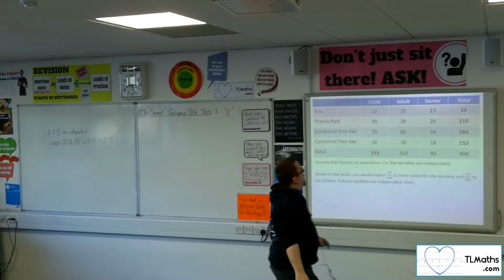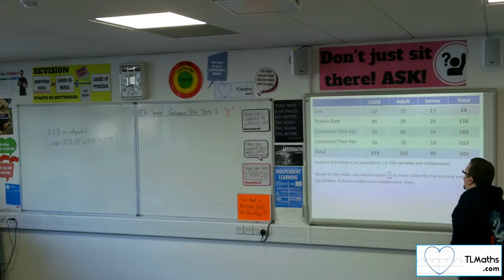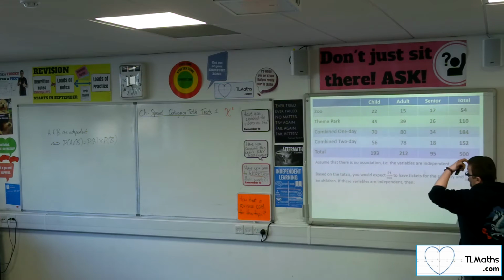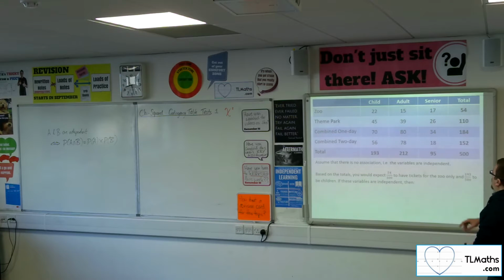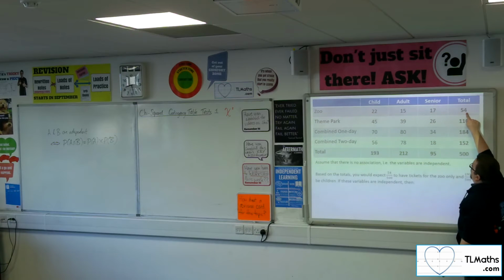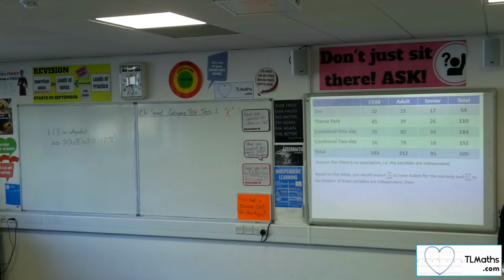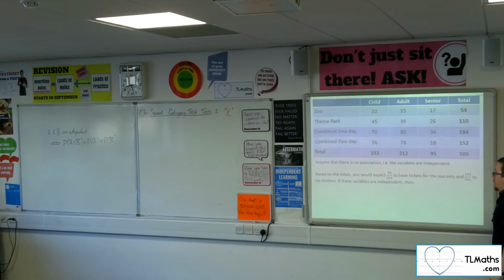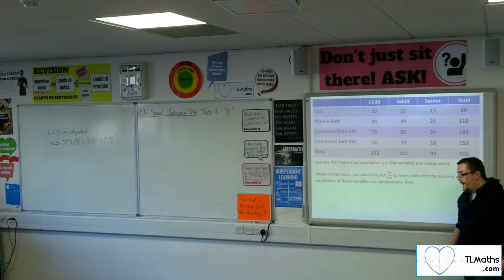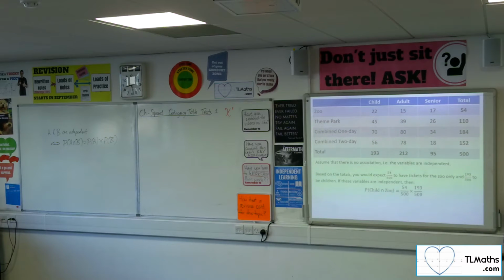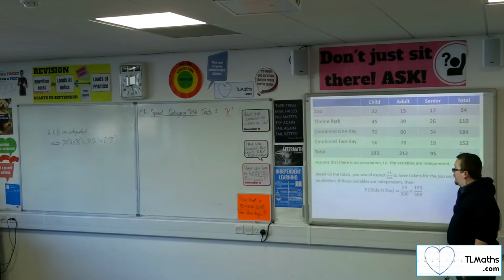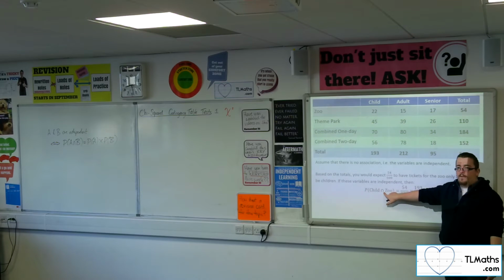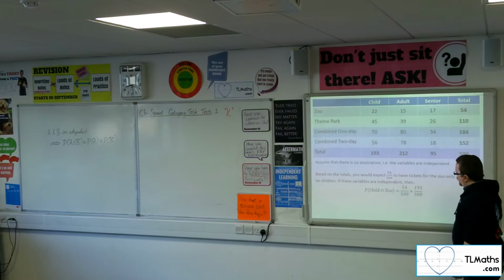So what we would be assuming, based on the totals, is that we would expect 54 out of 500 to have tickets for the zoo only, and 193 out of 500 to be children. And if these variables are independent, then if I multiplied those together, I should get the intersection. Okay?